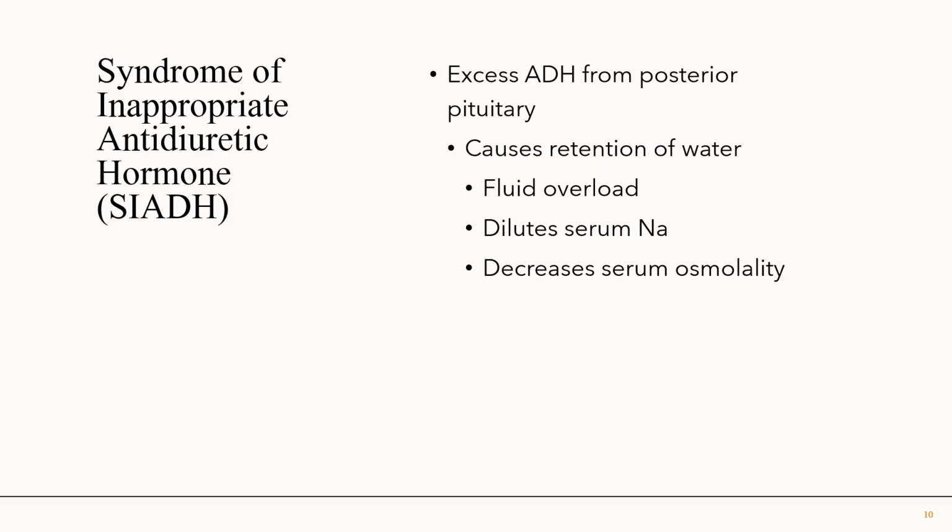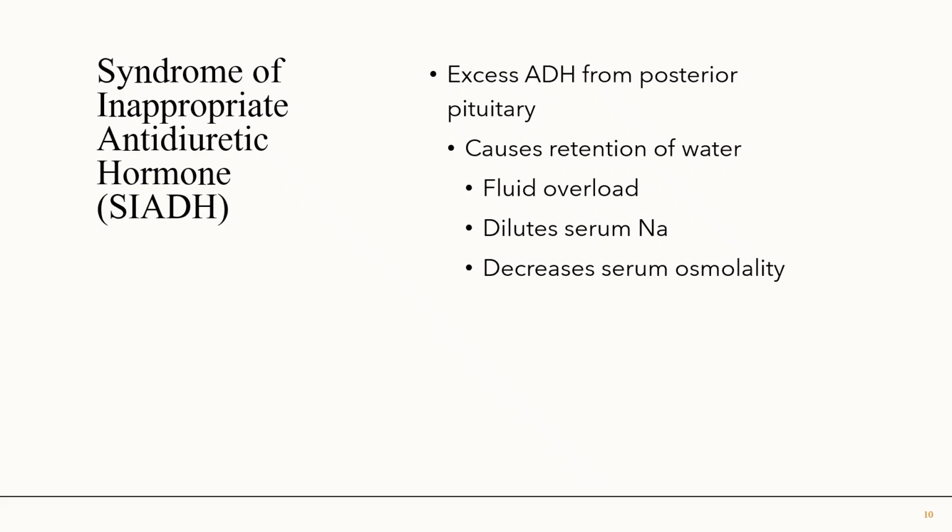Syndrome of inappropriate antidiuretic hormone, or SIADH, is a condition caused by excessive release of antidiuretic hormone from the pituitary gland. ADH, also known as vasopressin, normally helps the kidneys conserve water.